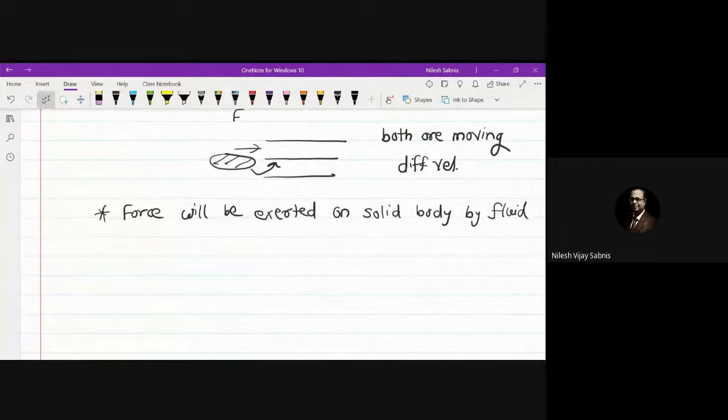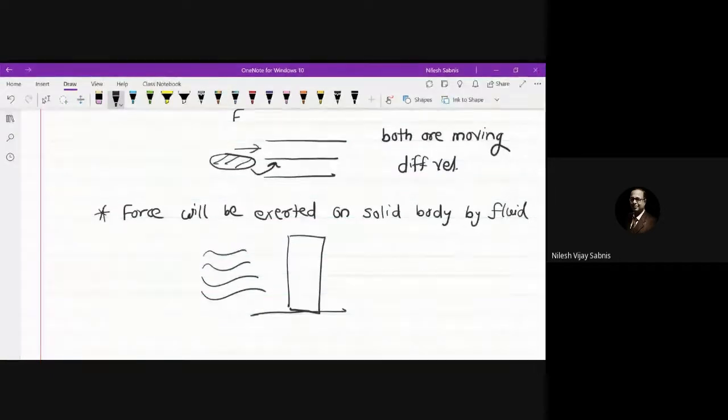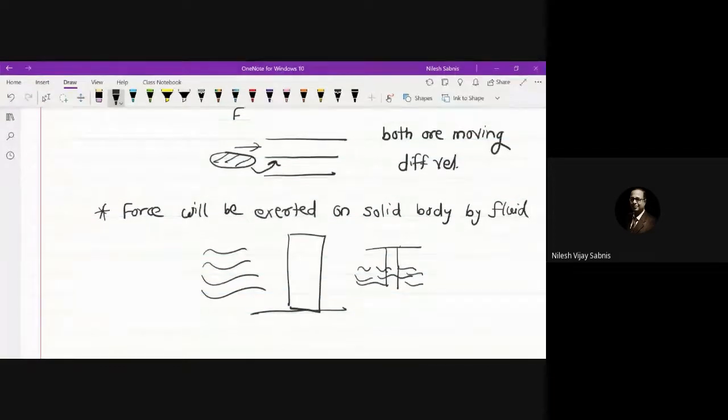Some examples. You can take the example of flow over a building. This is a building and air is flowing. Then we can take the example of bridges. Water is flowing and it is interacting with the bridges.